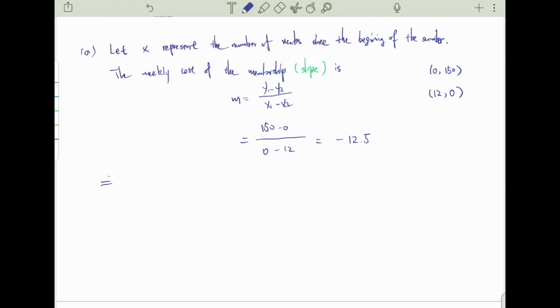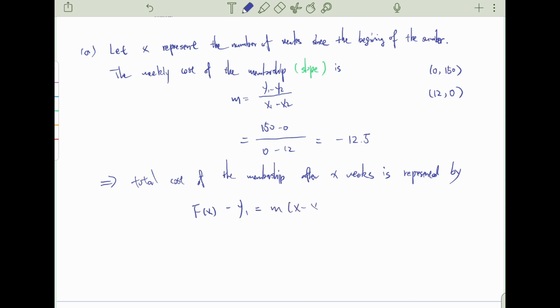And now I have the total cost of the membership after x weeks, represented by f of x equal to, now I will use the point-slope form, f of x minus y1 equal to m times x minus x1, right?